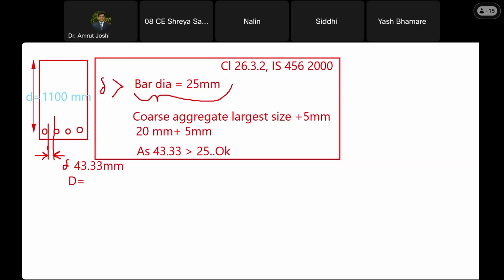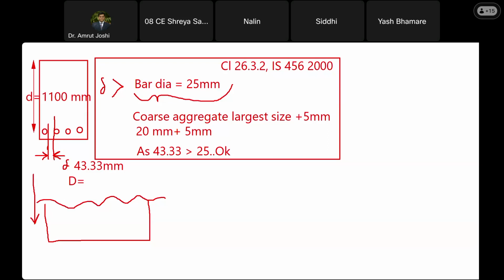So what should be the capital D? I will zoom in on this portion and redraw it here. Are you with me? Yes, sir. So this is the beam. This is the cut line. So this beam continues here, and the distance from the extreme compression fiber till the centroid of the steel bars, we have called small d.